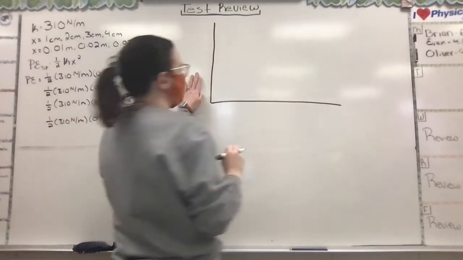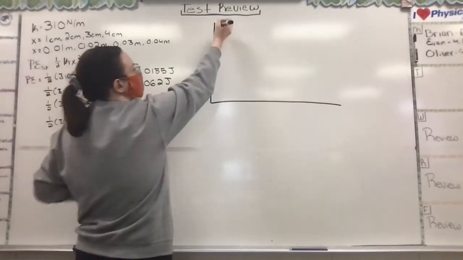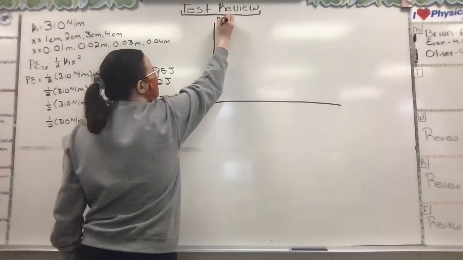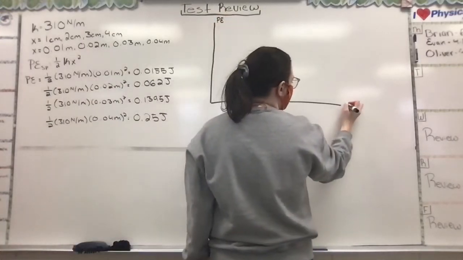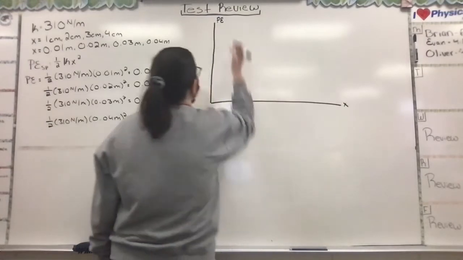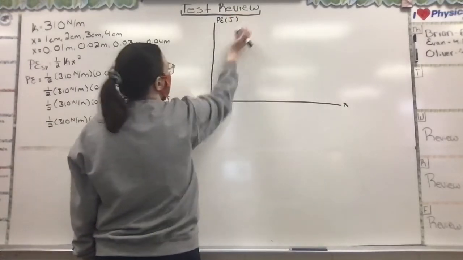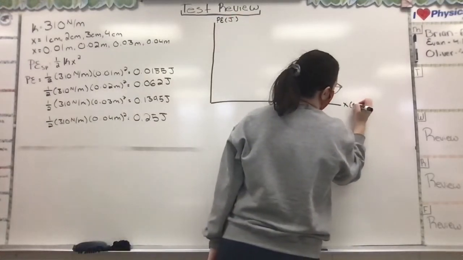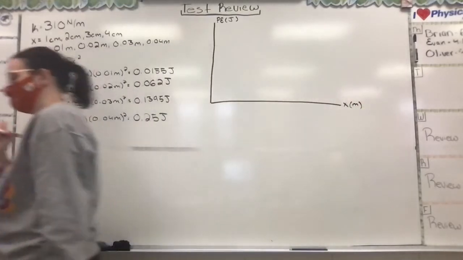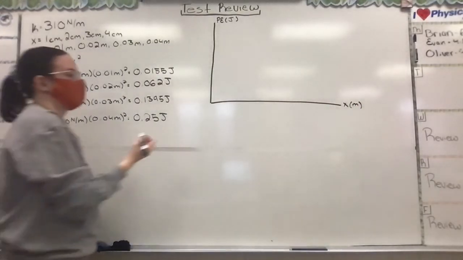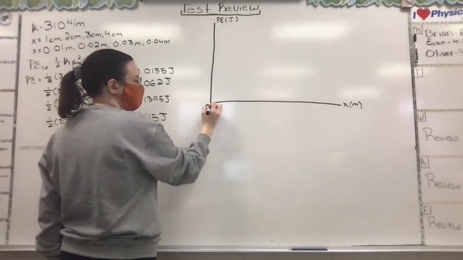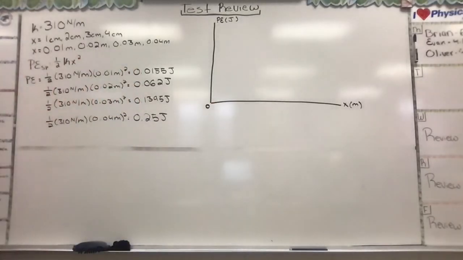Our potential energy is going to go on the Y axis, and our distance is going to go on the X. So we'll have potential energy in joules on the Y and distance in meters on the X. All I'm doing is just drawing the picture. I'm not doing anything else yet. I just put a 0 because the origin's always 0, right? I'll pause right here while you guys draw your little thing.